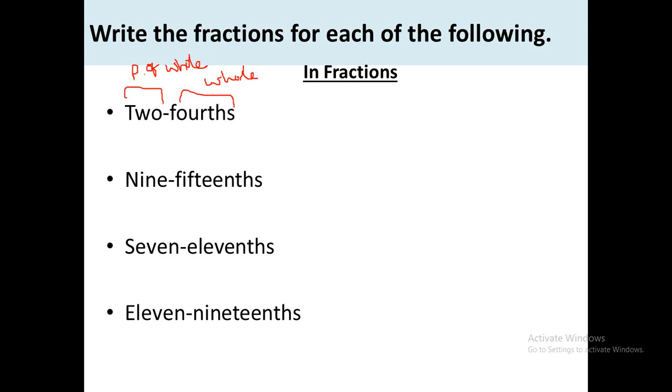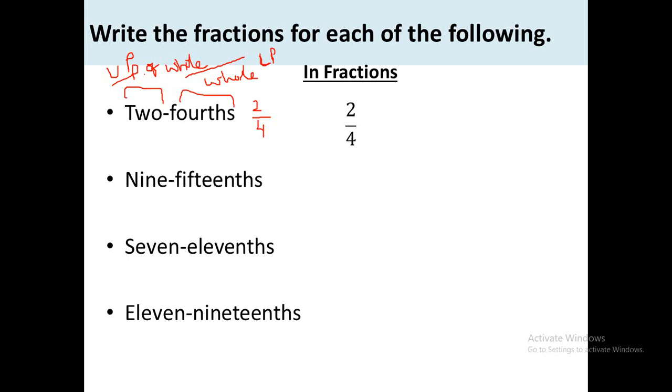So part of whole is in the upper part of the fraction, then the line separator, then the whole will be in the lower part. Okay. Now let's write 2 fourths, that means 2 will be in the upper part, fourth means 4, so that will be in the lower part, right? So this is 2 by 4.